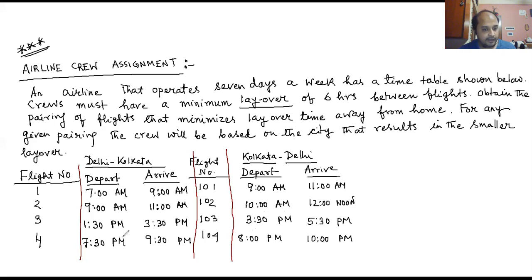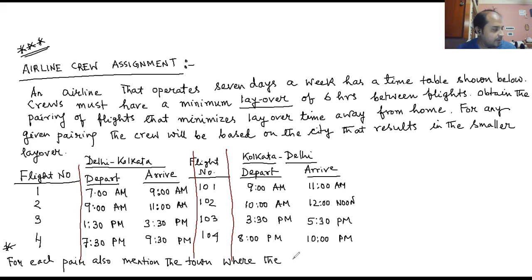Now you can understand. What am I supposed to find? I am supposed to find, for each pair, also mention, it is the extra part actually, also mention the town where the crew should be located.